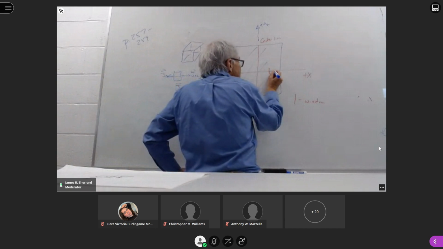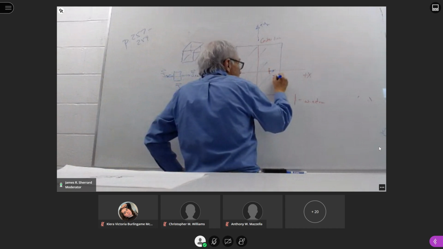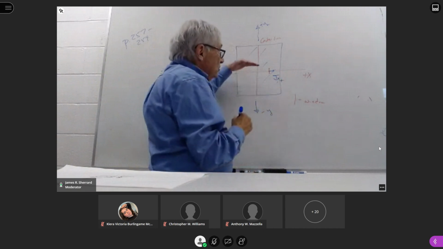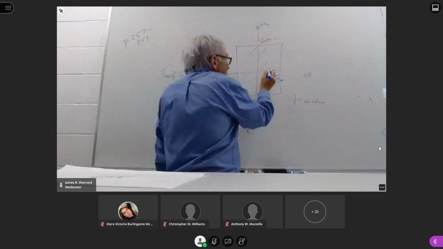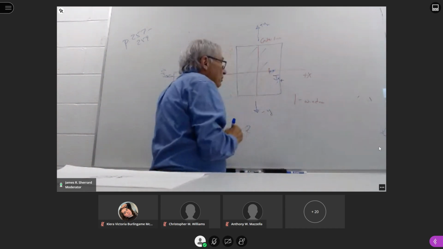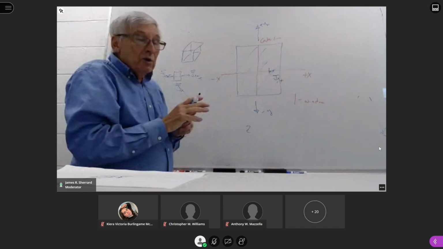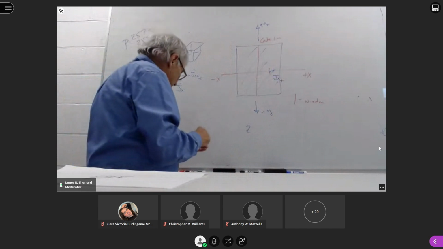So when we look at this, anything that's going through in this direction is going to be Jx plus, because it's going in that direction, it's perpendicular, and we could find out that value by going back to that original equation that we had.